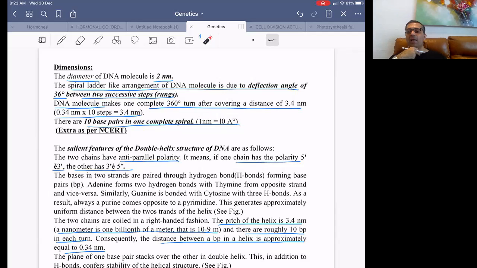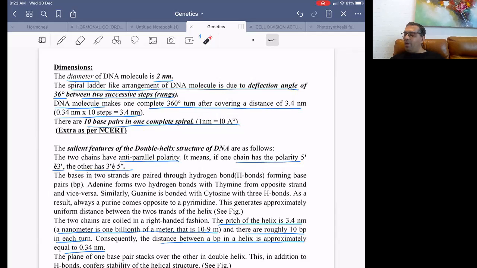So what is the angle between two successive pairs? 36 degrees. So 36 degrees, 36 degrees, and so on, 36 degrees into 10 become one spiral. So the angle between two nucleotide pairs is 36 degrees.